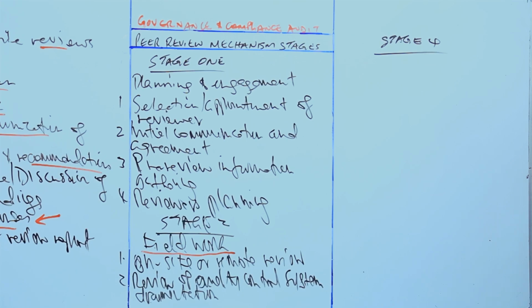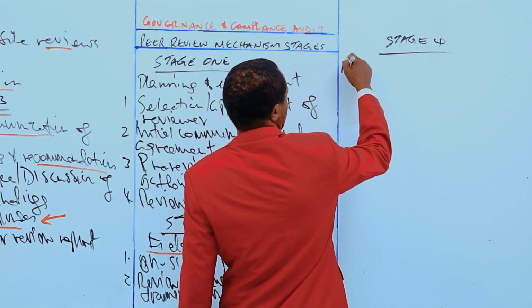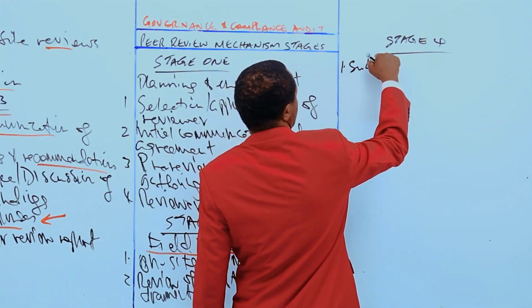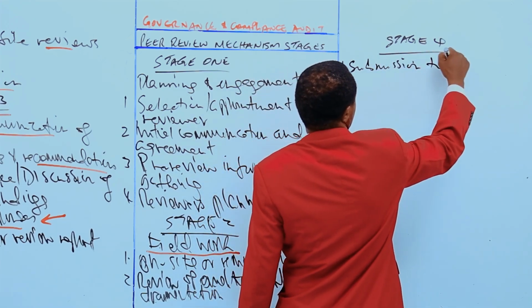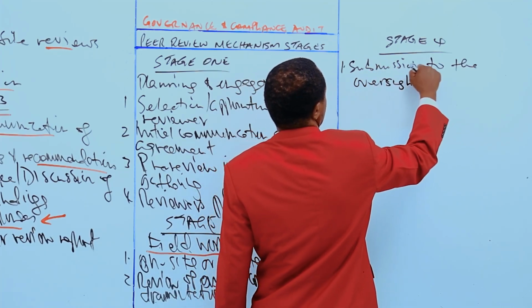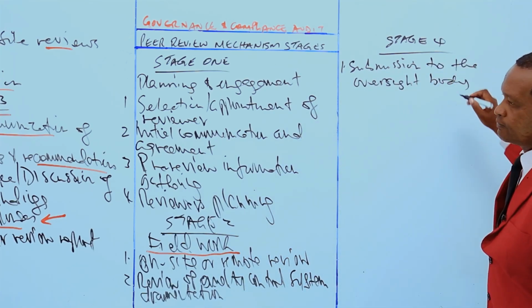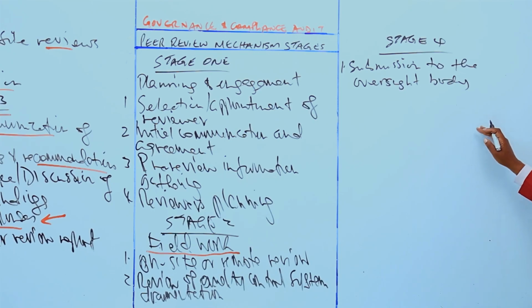That is the 4th stage. So the first thing to do here is to make submission to the administering entity or oversight body. Submission of the peer review report is made to the oversight body.